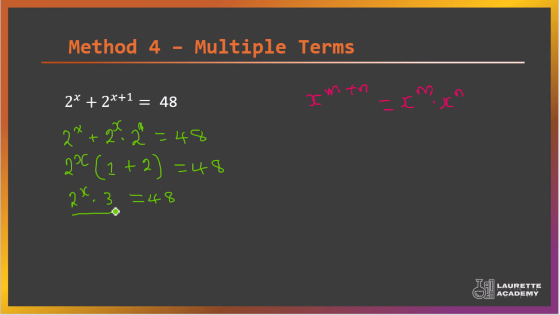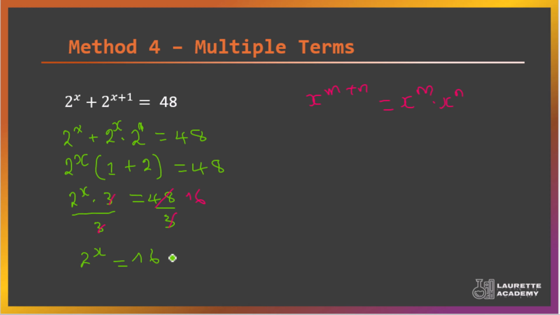We divide both sides by 3. The 3 will cancel here, and 48 divided by 3 is 16. So we have that 2 to the power x is equal to 16.